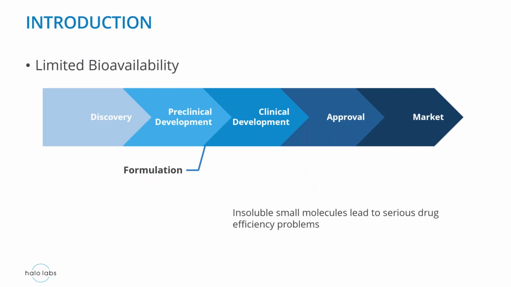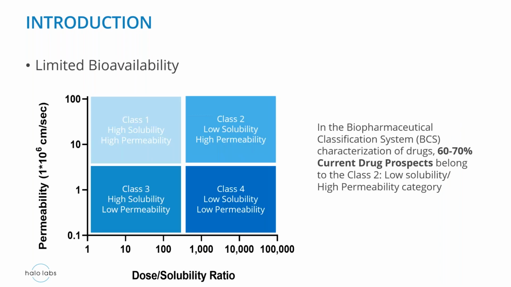Formulation is the other point where solubility is very important, and this is throughout the clinical development stage of drug discovery. Solubility is very important, but seldom attained in new drugs. Right now, about 40% of the drugs in the market belong to this class 2 of low soluble drugs that, although they are low soluble, they have a high permeability, which is a good thing.